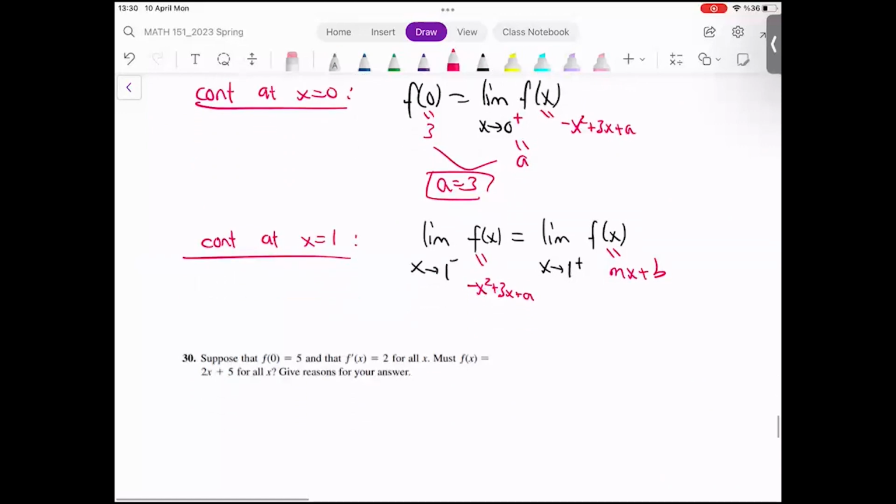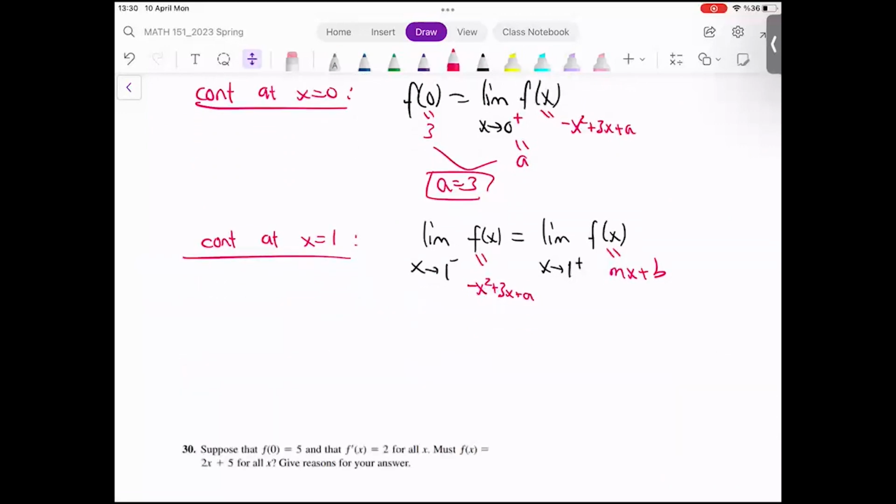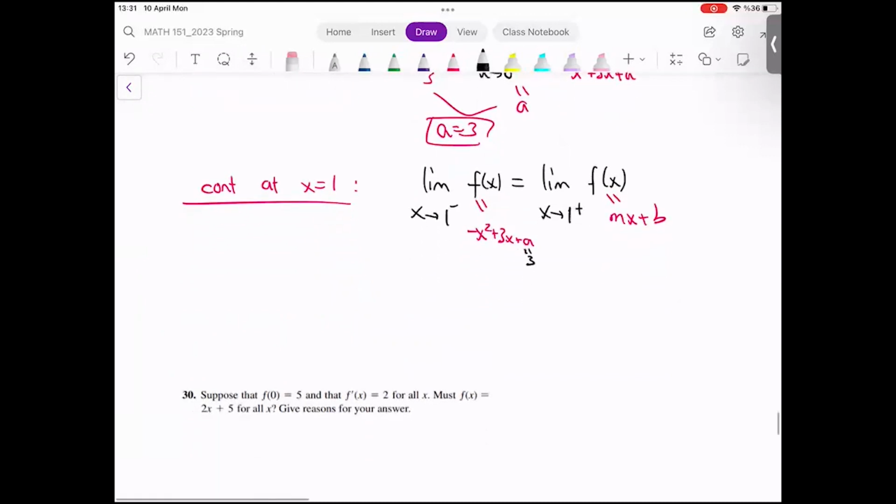So time to compute the limits. You will just insert x equals 1. By the way, we solved a as 3 above. So if you insert x equals 1, I think the left-hand side becomes 5, and the right-hand side is m plus b.